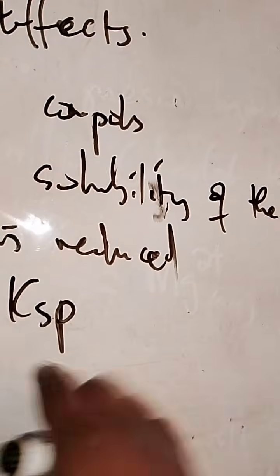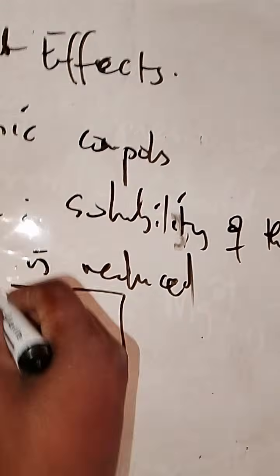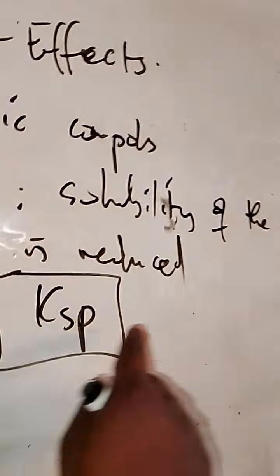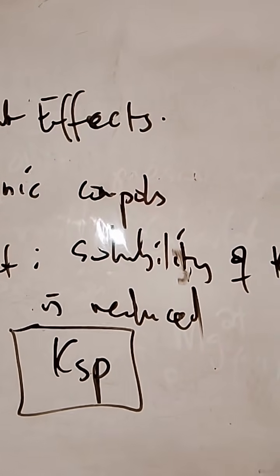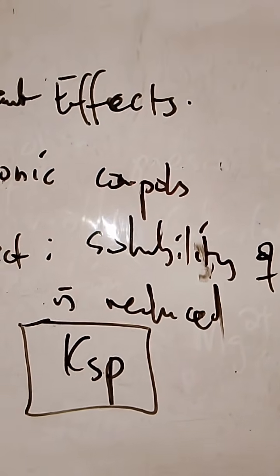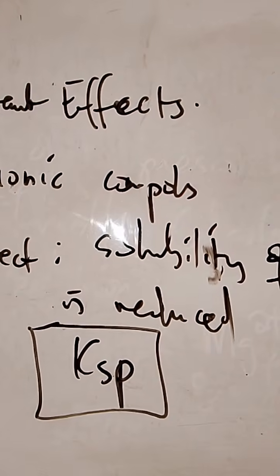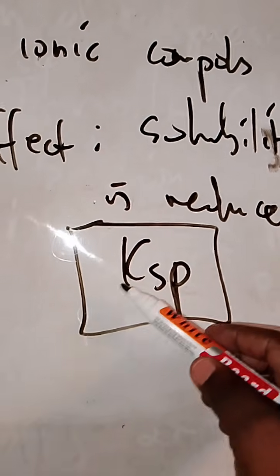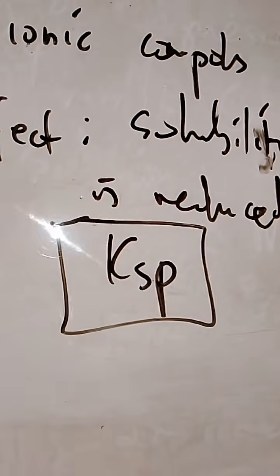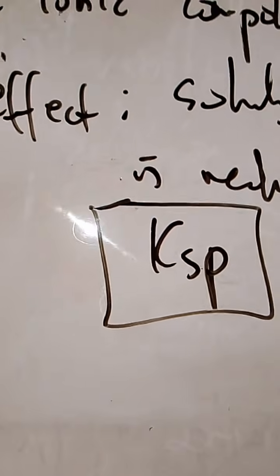So the reaction in which there is a common ion will have a lower Ksp than the reaction without the ion, meaning that for the reaction without a common ion, the Ksp will be higher.